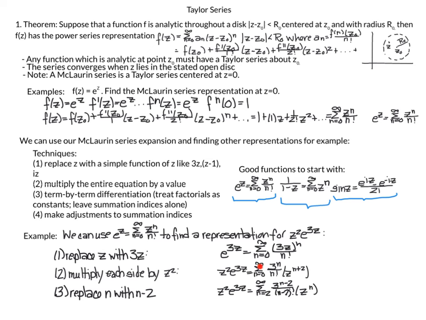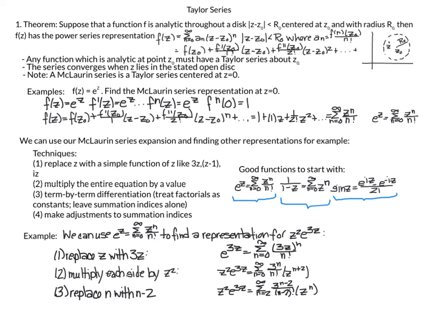So I increased the index of my series to start at n equals 2, and then I have to subtract 2 from each. Or I can think of this as replacing n with n minus 2.